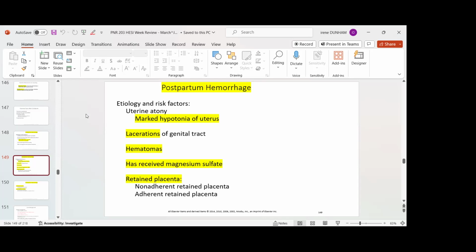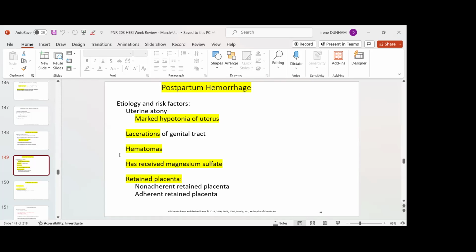You might not think about this, but magnesium sulfate can cause your patient to hemorrhage. Patients on magnesium, for preeclampsia for example, are at high risk for hemorrhage. Another reason is retained placenta fragments. This is where the placenta adhered to the endometrium and she didn't expel all of it, so now she's bleeding.